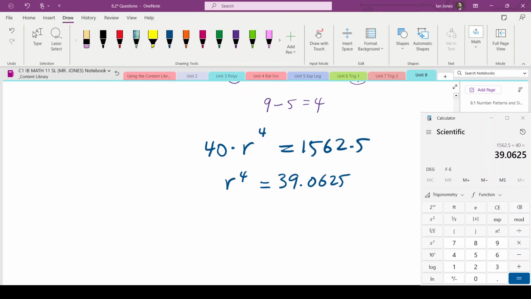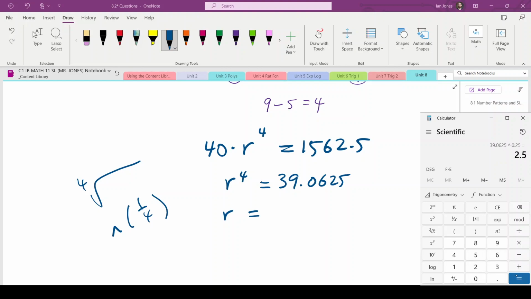And then I'm going to take the fourth root. Me personally, I just like to use the property that the fourth root is the same thing as to the exponent of 1/4. I find that easier. So here I'm going to now just go to the exponent of 0.25 equals. Okay, or you could do the fourth root if you feel more comfortable with that. So we get r equals 2.5.